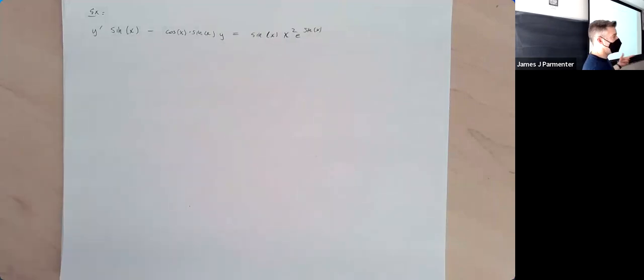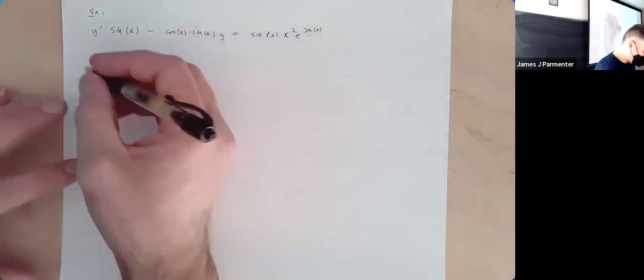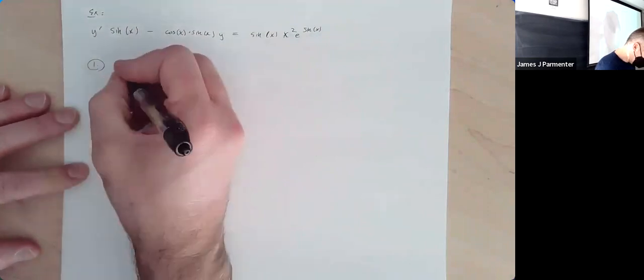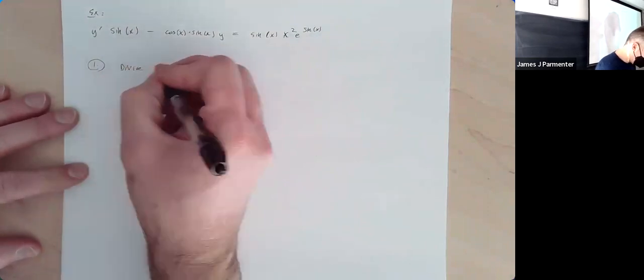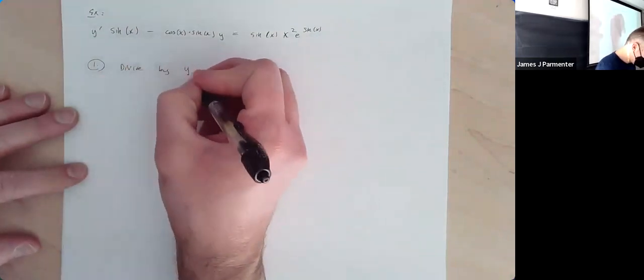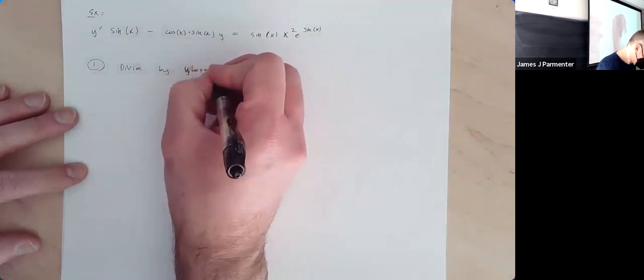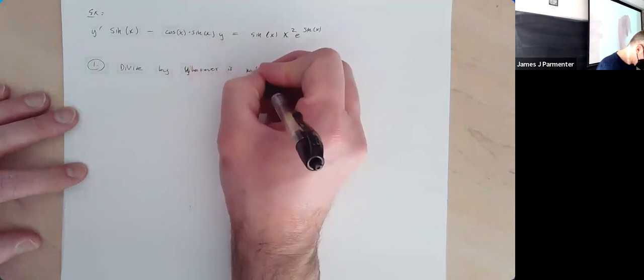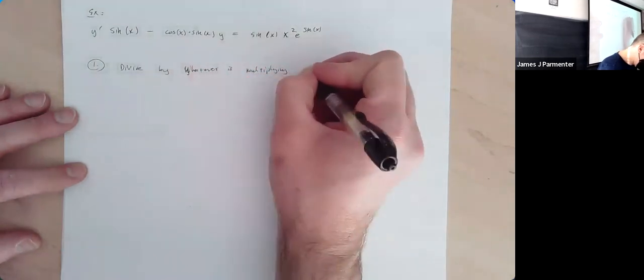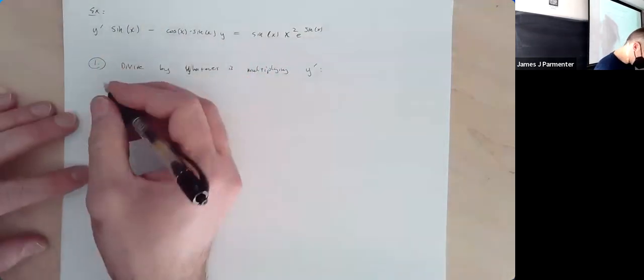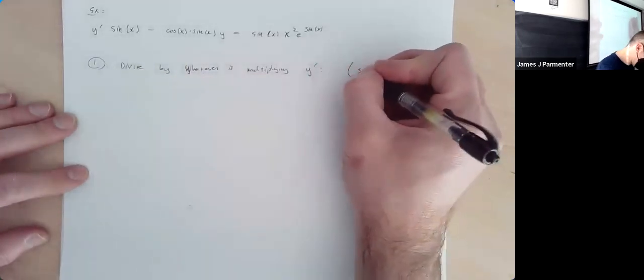So clearly here we have to divide everything by sine of x. So step 1, divide by whatever is multiplying y prime. In this case, sine of x.